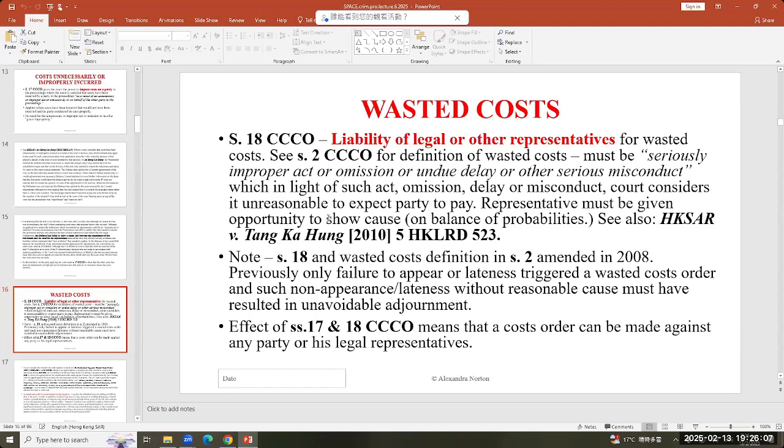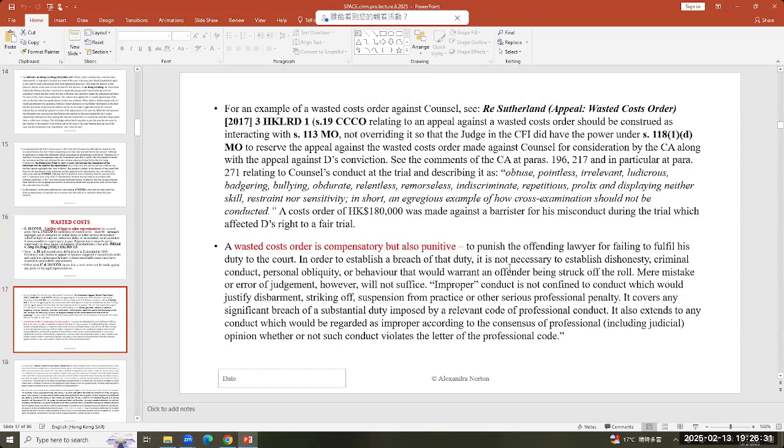We don't get too much guidance from the definition of what wasted costs are, just seriously improper acts or omissions, undue delay, or other serious misconduct, which in light of what they've done, it is unreasonable to expect the other party to pay. So the power to sanction a legal representative.